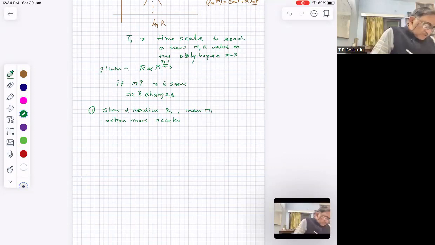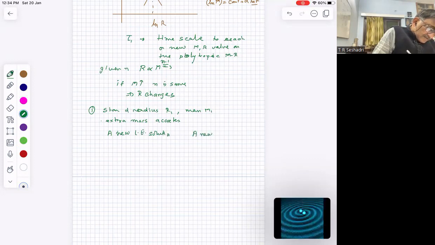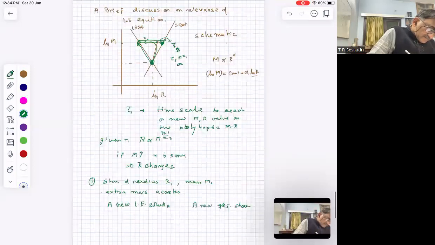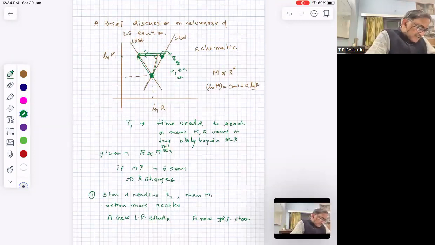Now, there are two things it can do. One is a new Lane-Emden solution, or a new radius, a new main sequence star. For a main sequence star, mass-radius goes like this.